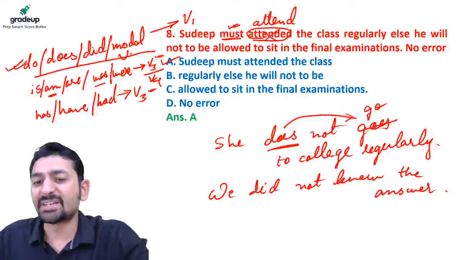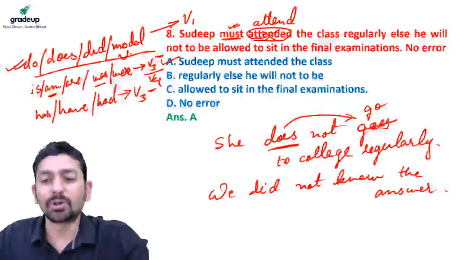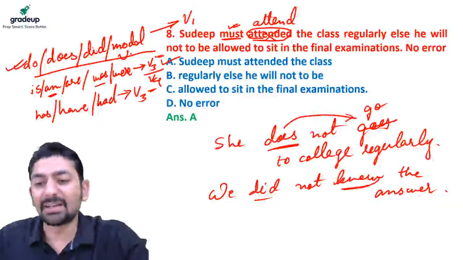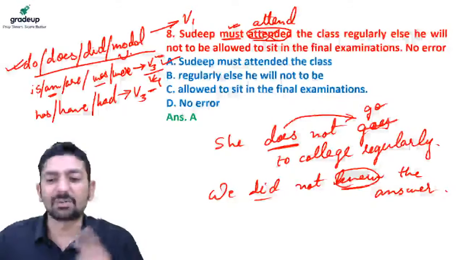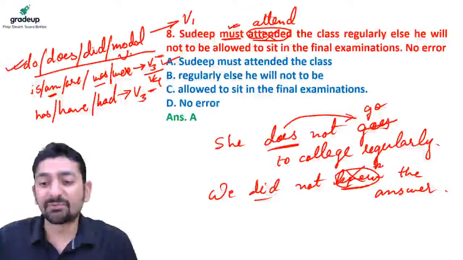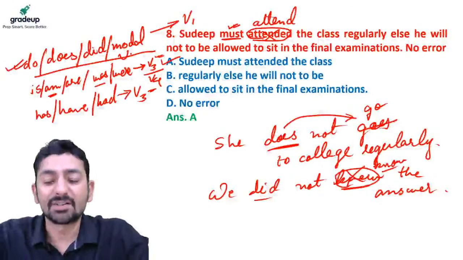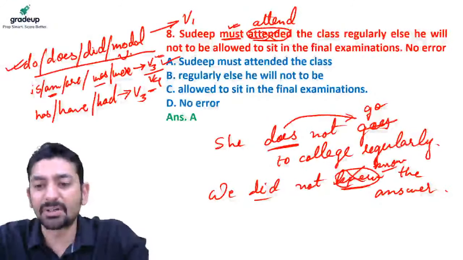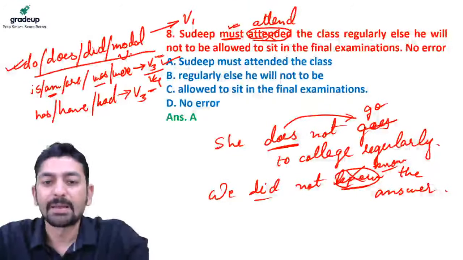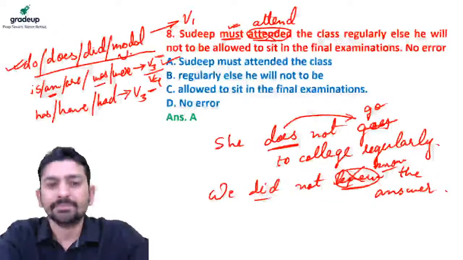So you have to say, she does not go to college regularly. Similarly, we did not knew, K-N-E-W. When you put K-N-E-W, this is the second form, the past form of the verb. But what should you put? The first form. So the sentence should be, we did not know the answer. Okay, so remember this, a very important concept. Okay, let's move on to the next question, guys.